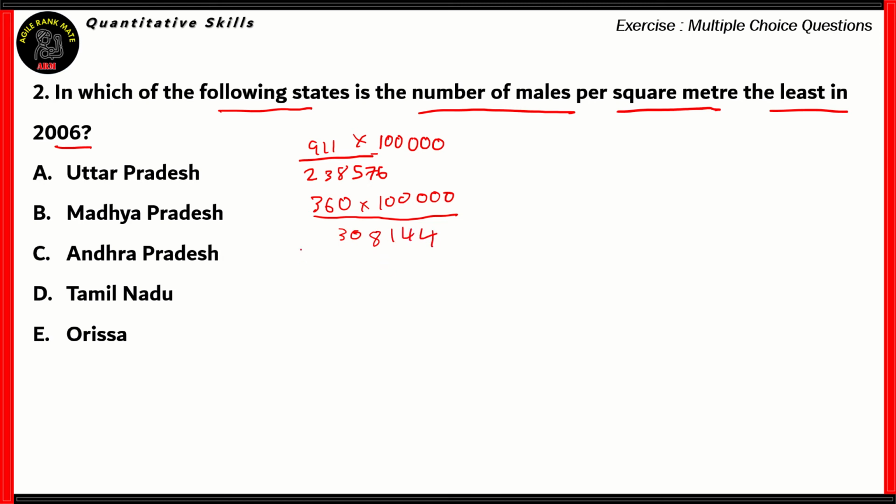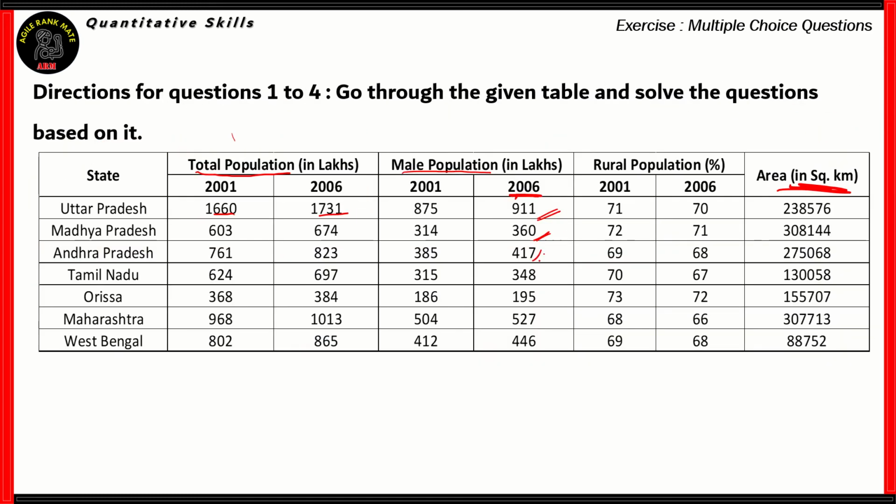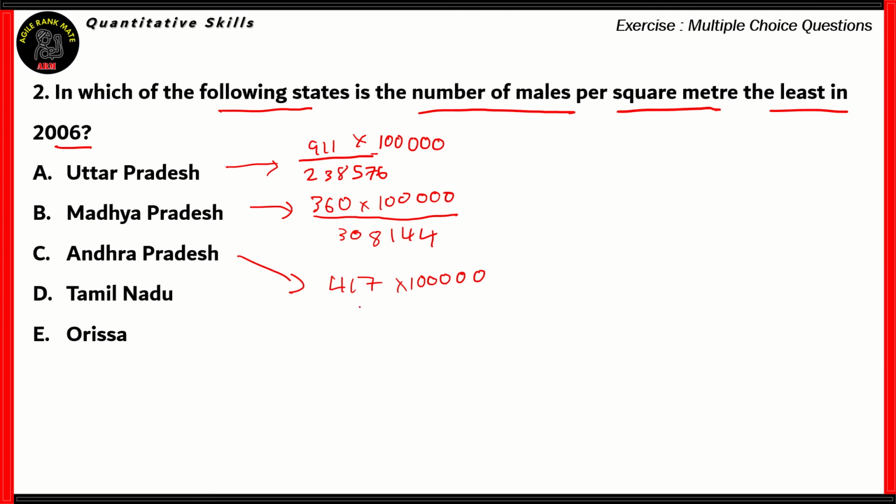Then you have Andhra Pradesh, which has a male population of 417 lakhs. So then you have to divide it by the area, which is 275,068.